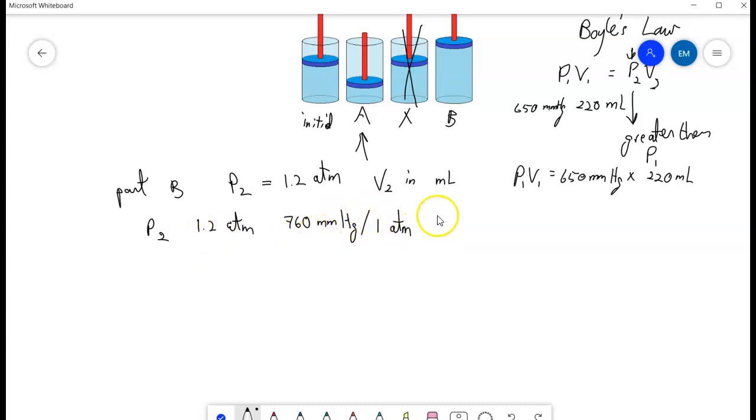So for 1.2 atmospheres, the atmospheres are going to cancel, and you get 1.2 times 760.